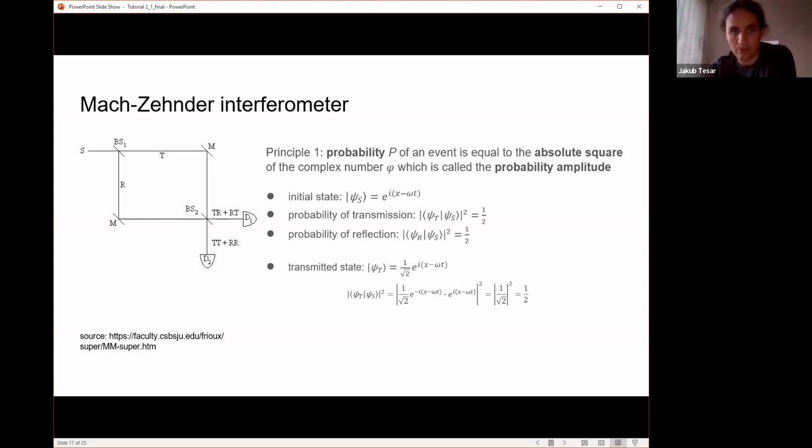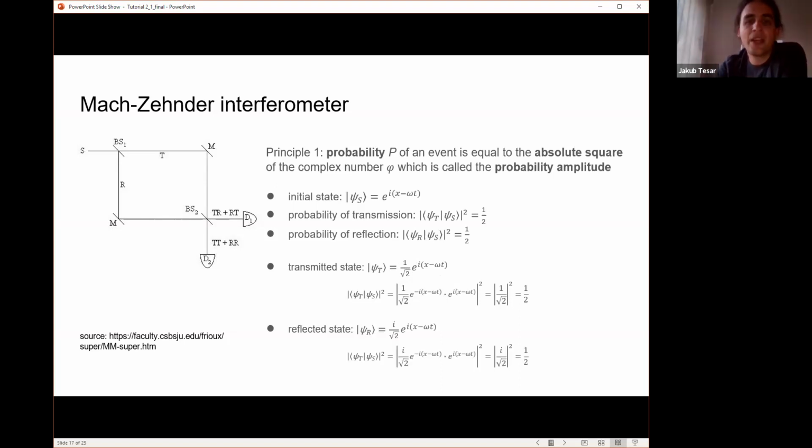I will get to the other one, and then I will give space for questions, because that's important. There is another normalization factor that we can use for the reflected state. If you ask what we can square to get 1/2, there is another option, which is i over the square root of 2. If we look for the length of this complex number, we multiply it with its complex conjugate.